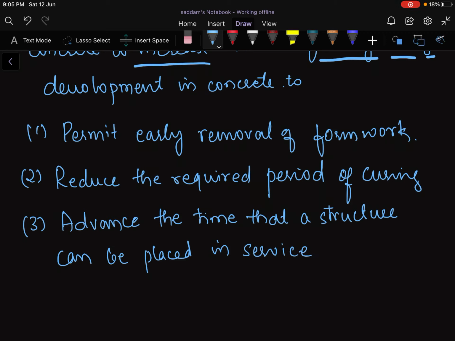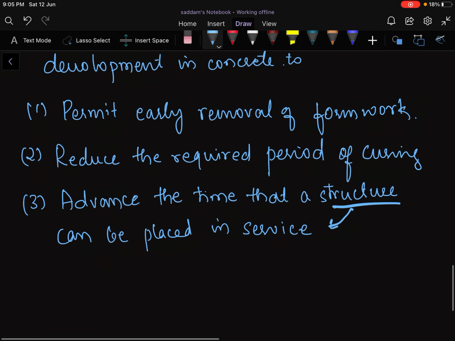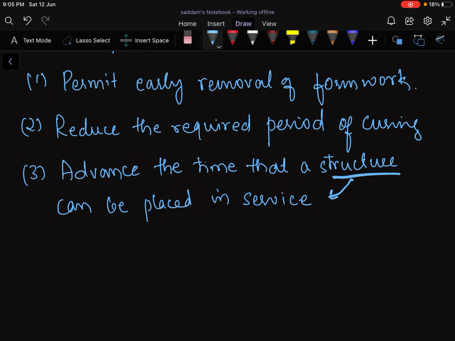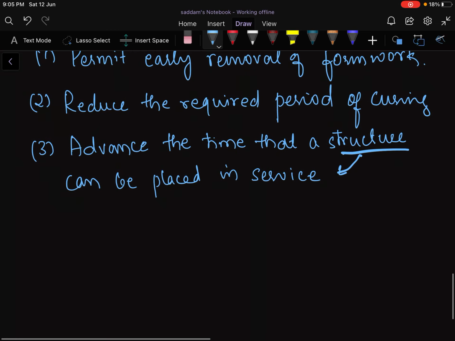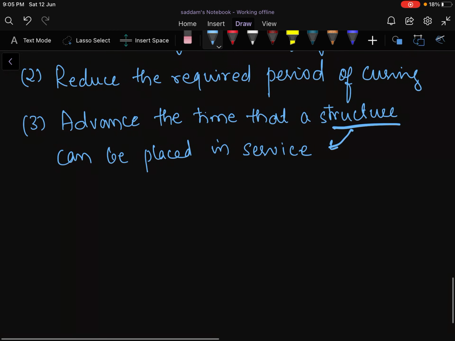This is self-explanatory. If we want a structure to be placed in service as early as possible, we can make use of accelerating concrete, so that it sets early, formwork is removed early, and it is brought into service earlier for the people. This is one of the situations where we use the accelerating concrete.